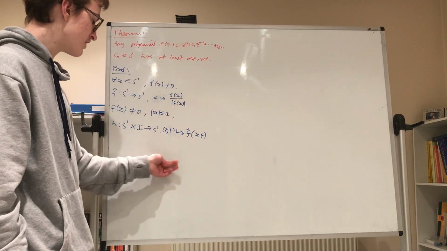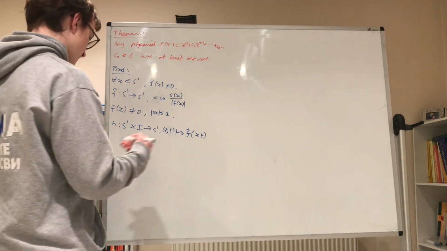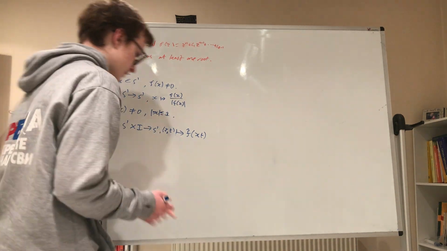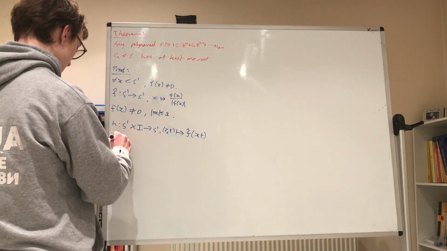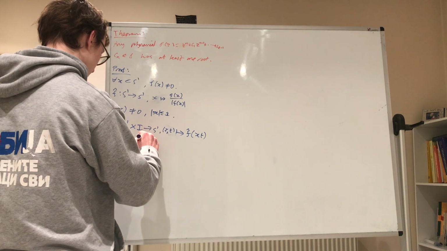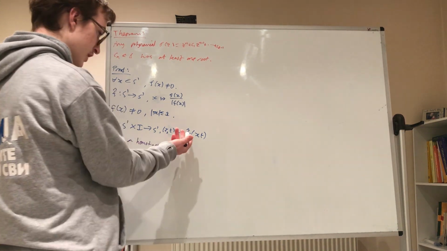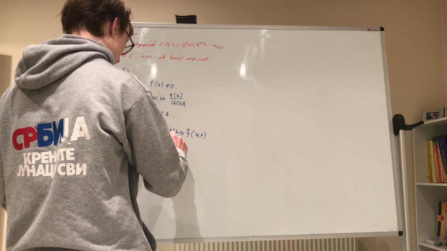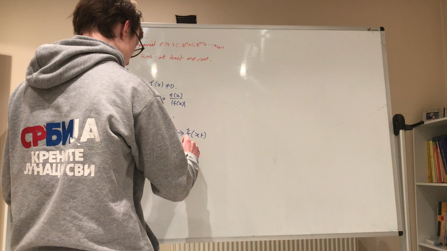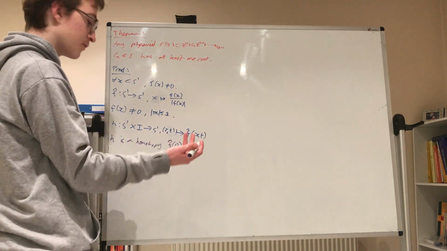And what we notice now is that because f is continuous, h is a homotopy between the constant map f hat of 0 and f hat, because when t is equal to 1 we just get f hat.